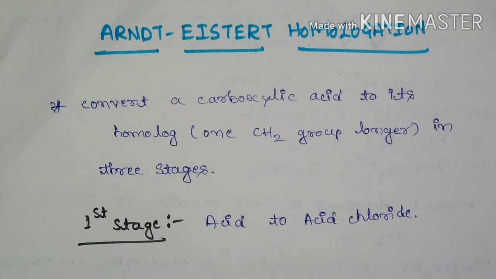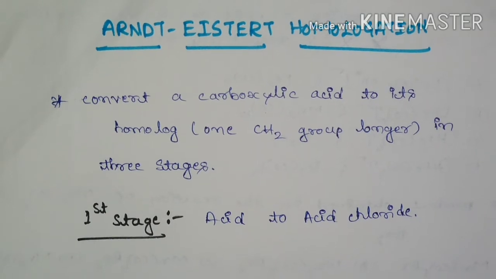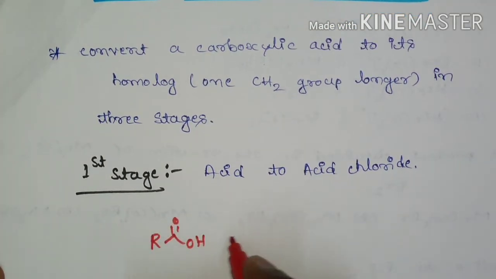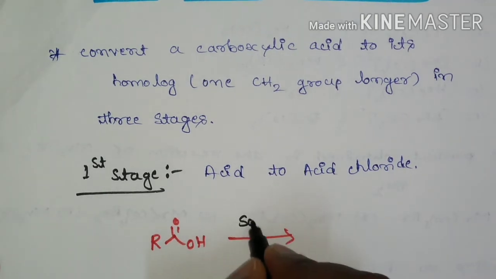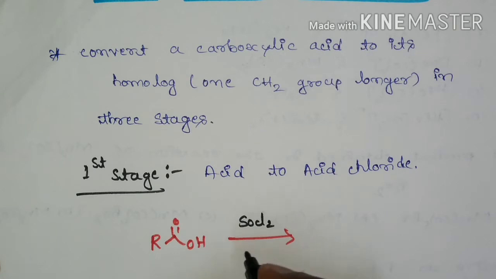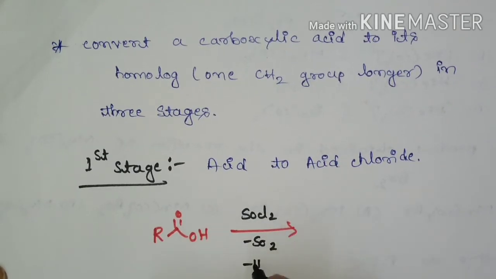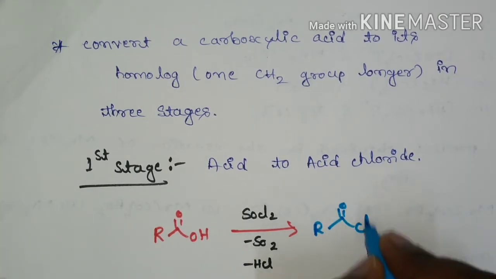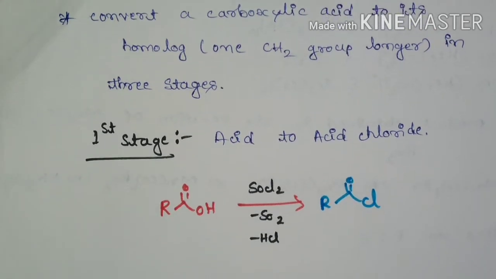Whatever acid starting material we take is going to be converted into the corresponding acid chloride. That is, carboxylic acid upon treatment with thionyl chloride, with loss of sulfur dioxide and HCl, is going to give you the corresponding acid chloride. So this is the first stage.